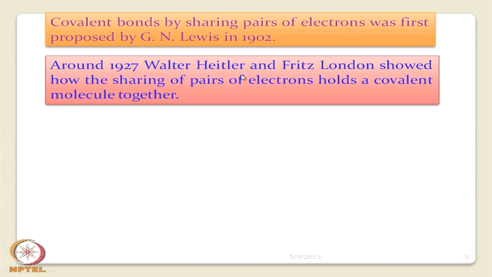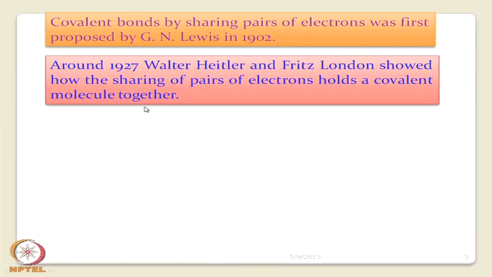But Walter Heitler and Fritz London around 1927 showed that the sharing of pairs of electrons holds a covalent molecule together. So, this sharing is very important, and when the sharing is taking place, we have the entire molecule and we do not have the atoms separately.